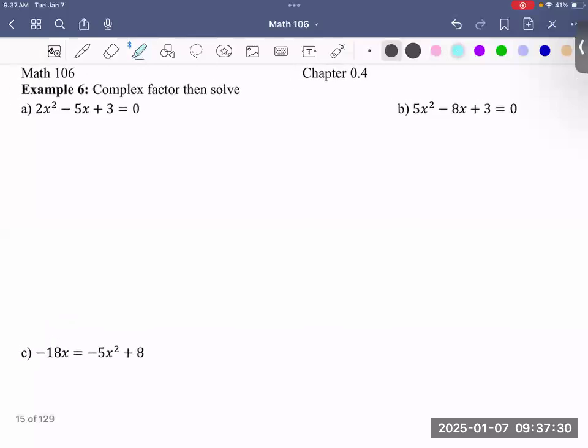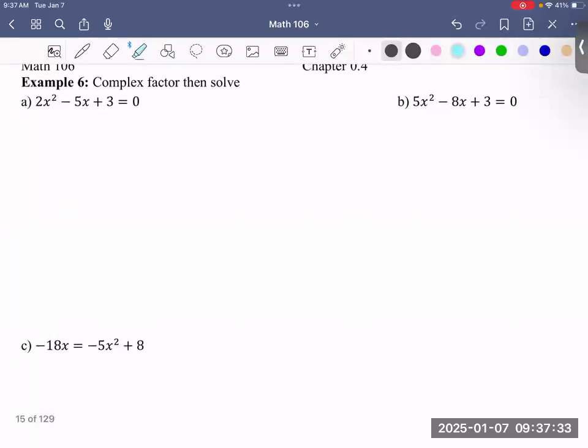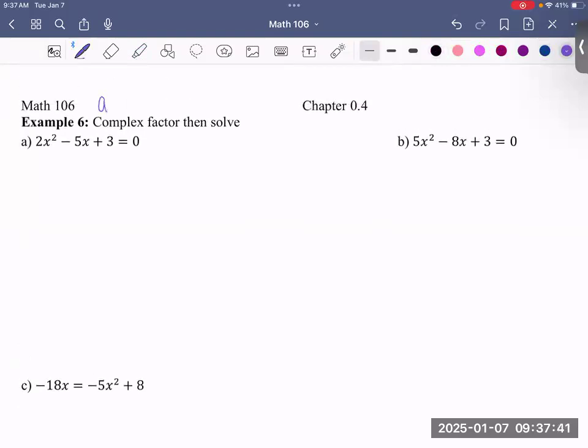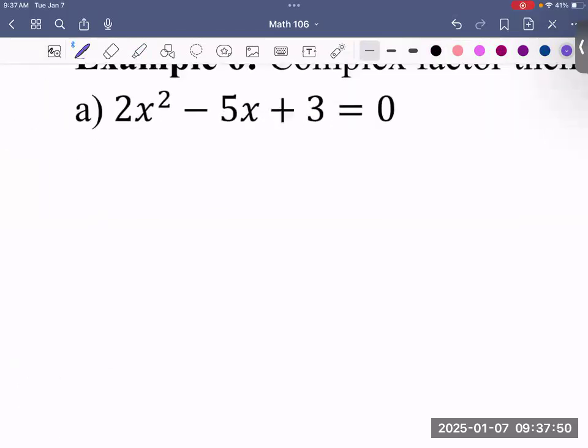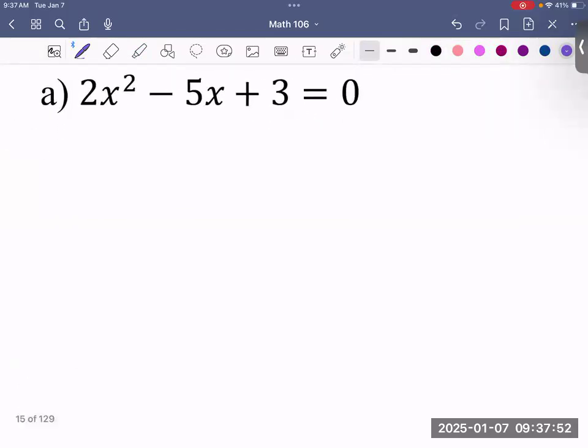Notice your A values for A, B, and C. So complex is when A is not equal to positive or negative 1, and you'll see that all of your A values here are different. So in our case, we're only adding a couple extra steps.